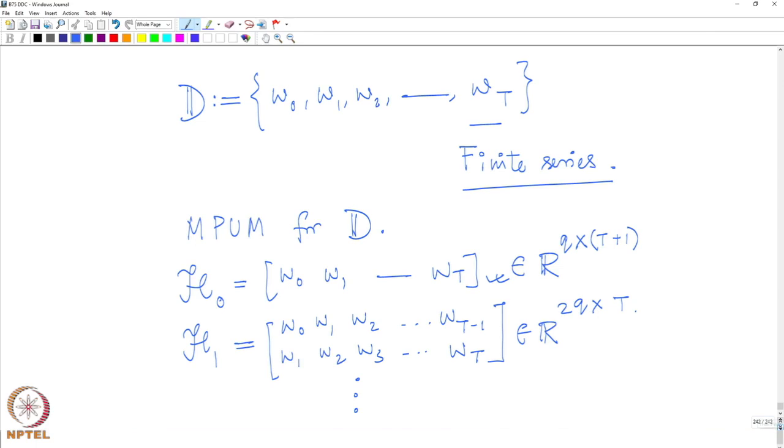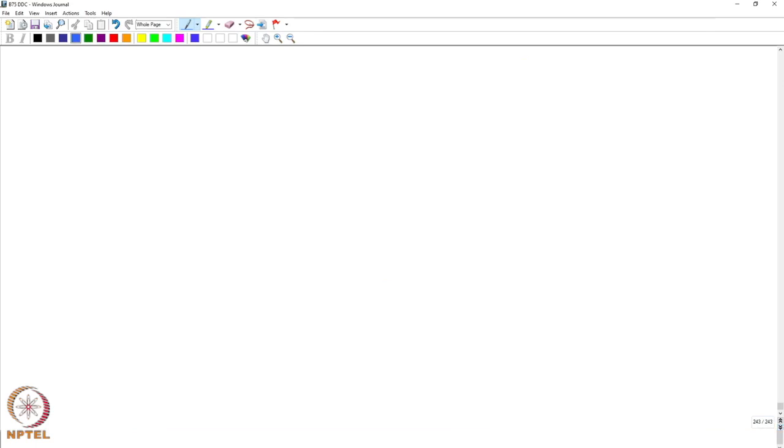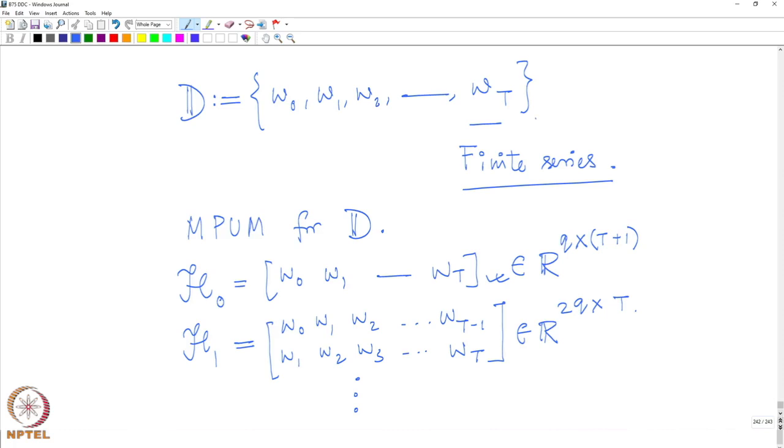I can still find the left kernel of these Hankel matrices, and the annihilating polynomials of this finite time series data also form a submodule, so essentially I can repeat what we have done with the infinite time series data.